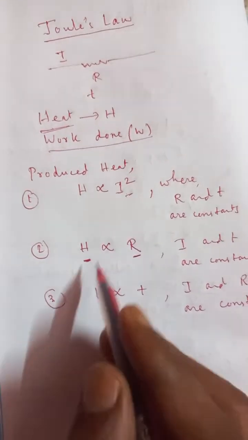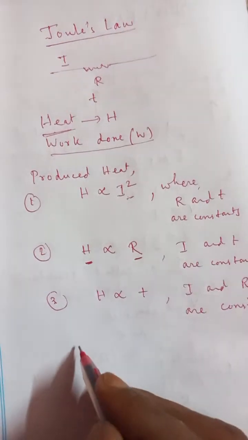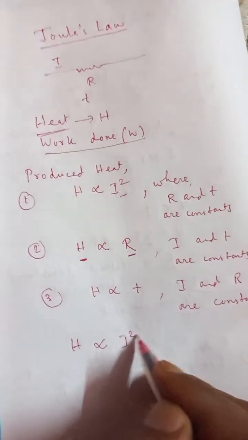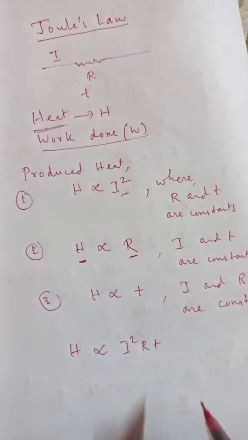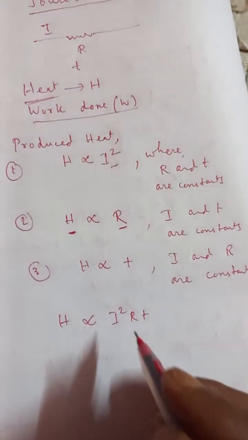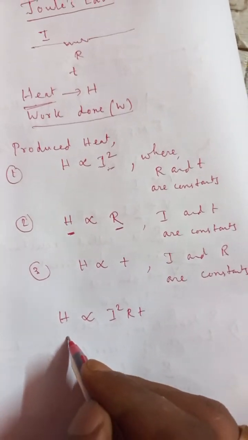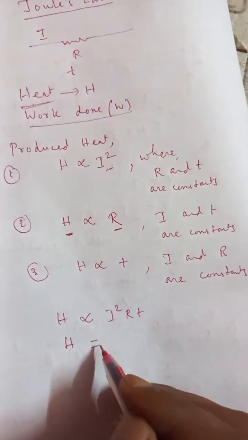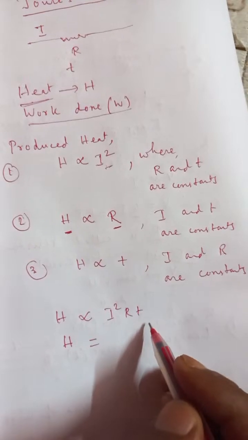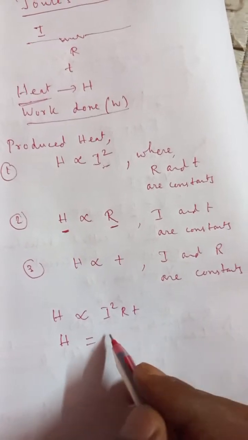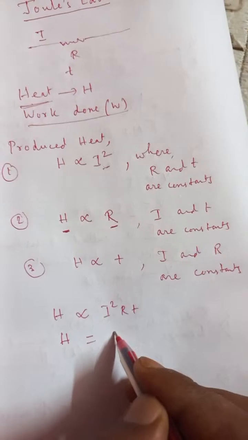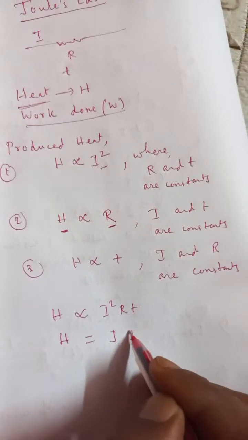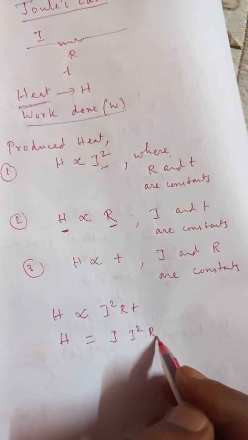So if we take all together, we will have H directly proportional to I square R t. So then we can write H is equal to J, this is the Joule's constant, I square R t.